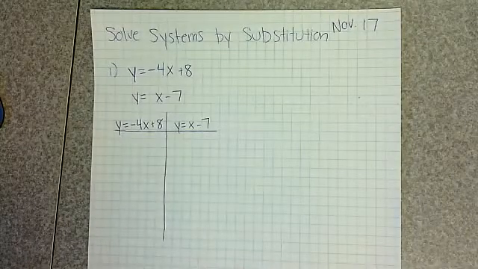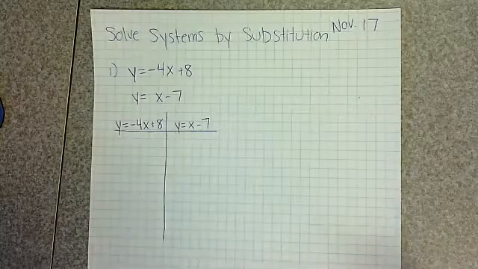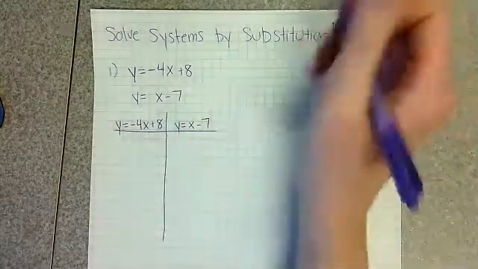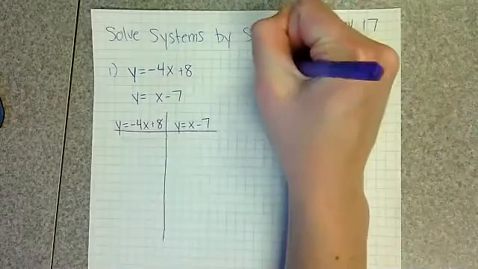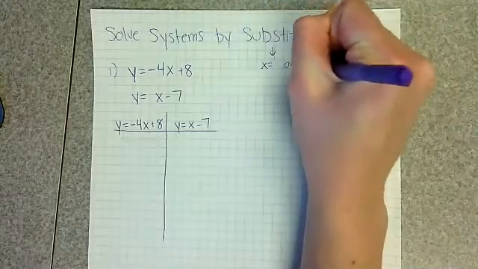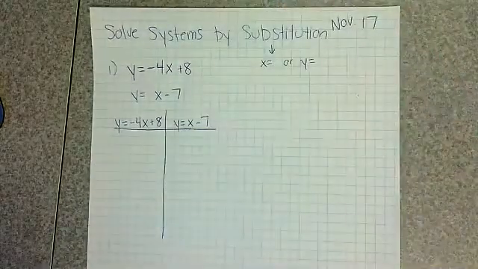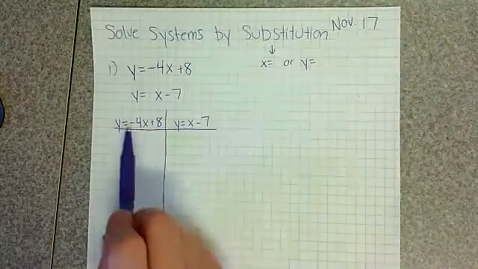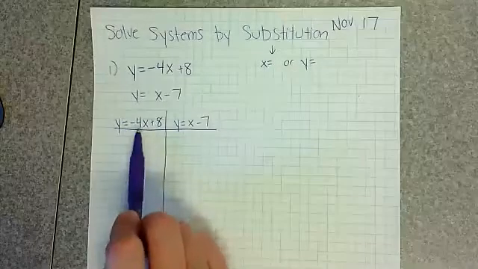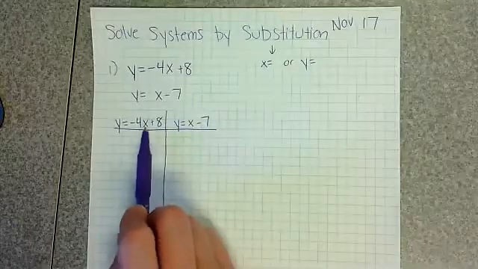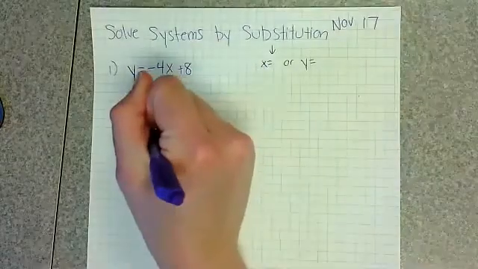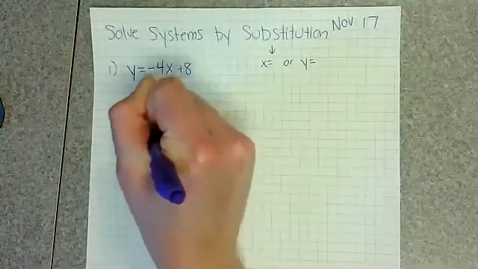Substitution, something takes the place of something else. So for substitution, we're looking for an x equals or a y equals equation. We have a y equals equation. We actually have two of them. I'm going to take this first one. So I'm going to circle everything that comes after the equal sign.